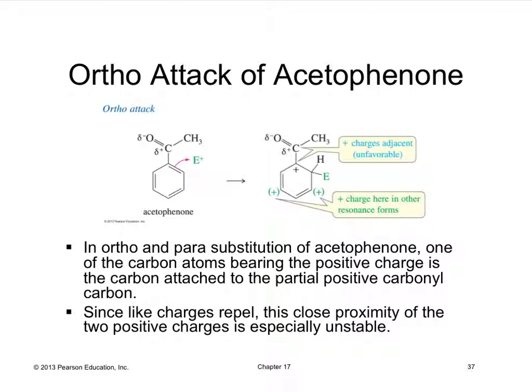So in the ortho and para substitution of acetophenone, which has an electron withdrawing group, one of the carbon atoms bearing the positive charge is the carbon attached to that partial positive carbonyl carbon. Since those charges repel, like in the previous case with the nitro group, this close proximity of the two positive charges is really unstable.